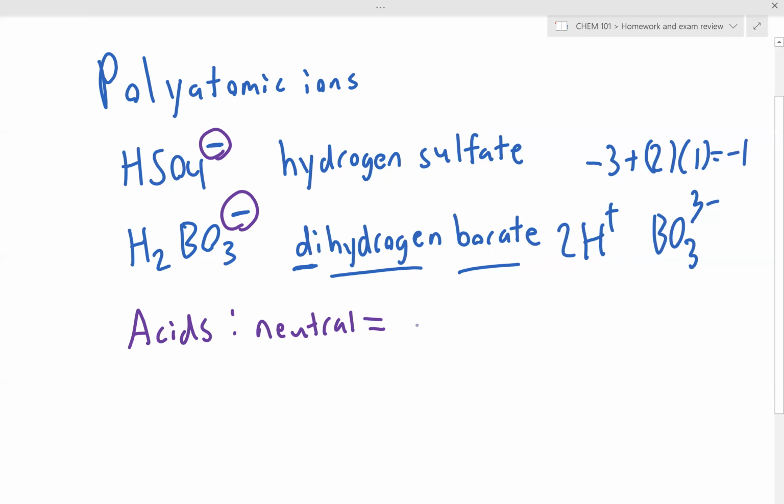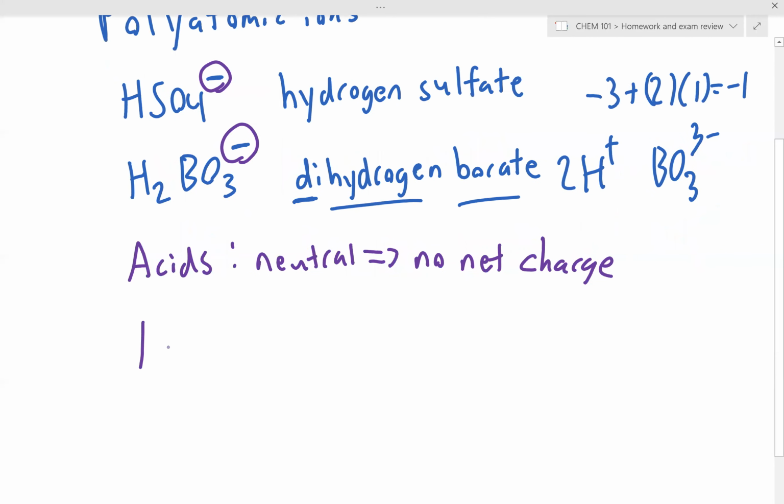And what that means is that they have no net charge. Does that make sense? So for example, let's look at the acid equivalent, which would be H2SO4. Again, no charge. This would be sulfuric acid.